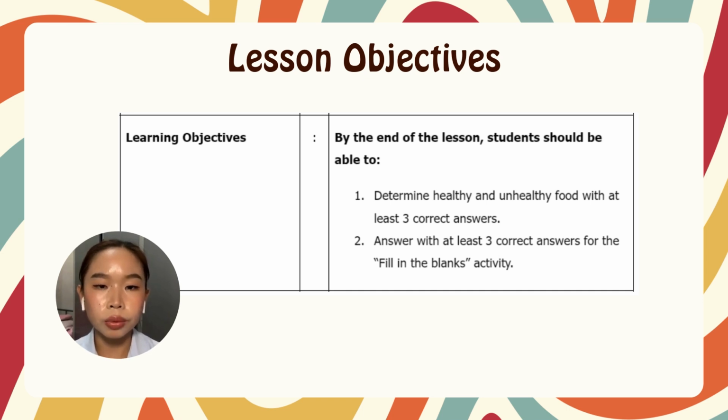Furthermore, the first objective ensures students can critically evaluate food choices, a practical life skill, while the second objective is to strengthen language awareness and application, which is crucial for their overall language development. These objectives are designed to support students' learning in a structured and measurable way, helping them to engage with the topic and apply their knowledge effectively.